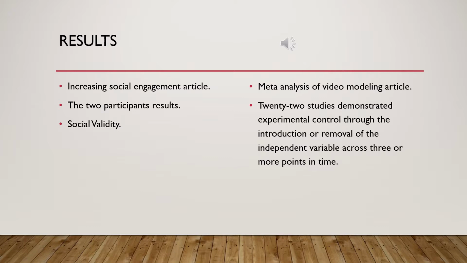So during the next observation, participant A's level of engagement returned to the previous levels, back up to about 50%, and then his mean percentage of engagement increased to 52% during the maintenance phase, with a decreasing trend.